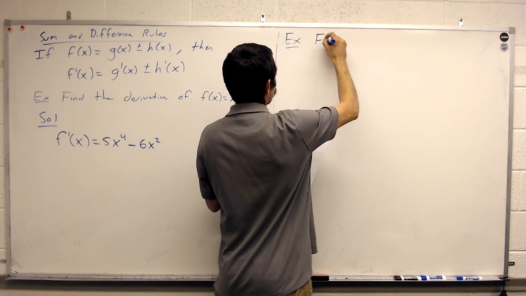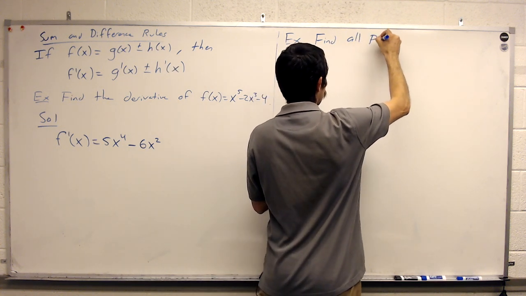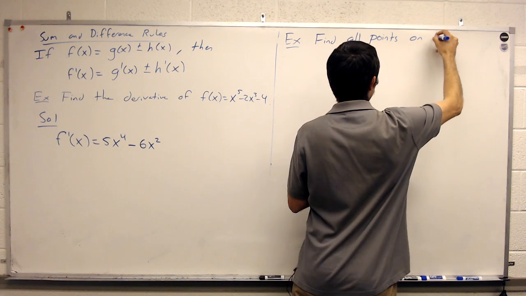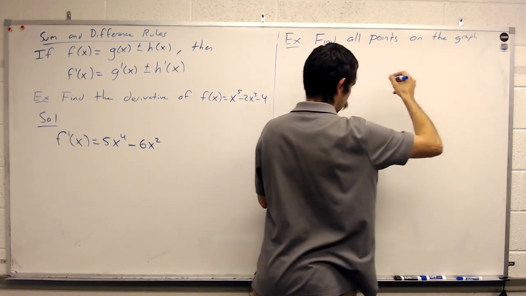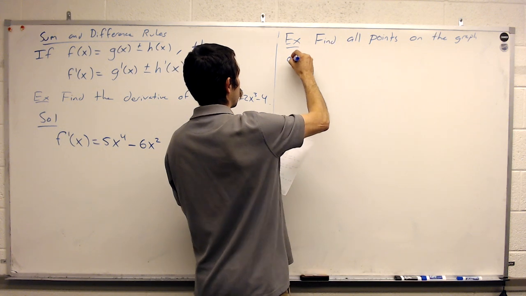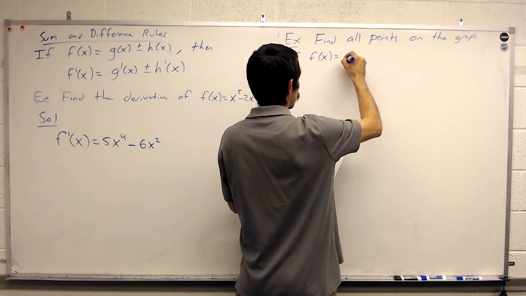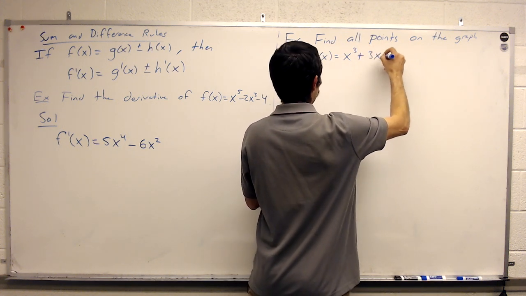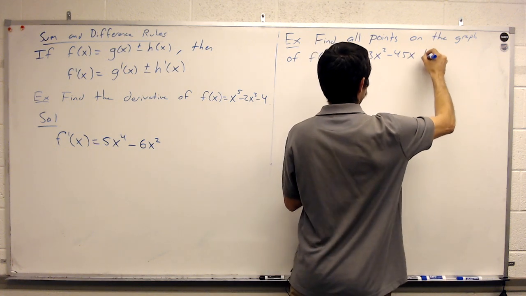Find all points on the graph of the function f of x equals x to the third plus 3x squared minus 45x plus 4.